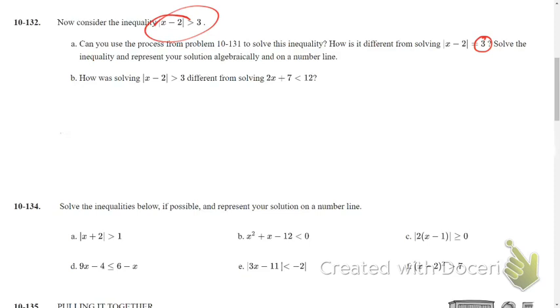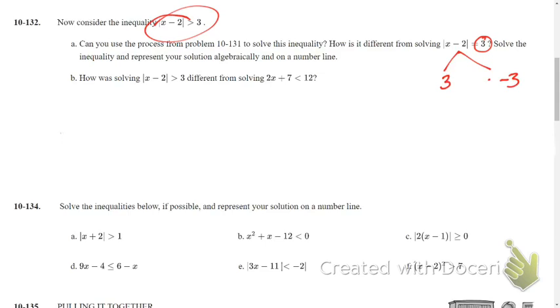All right, so to solve this problem, you got to go back and think about how we solved this problem in the past. We're asking ourselves what are the solutions for x that will make this true, where you'll give me an answer that is 3 spaces away from 0. Well, what is 3 spaces away from 0? It's a positive 3 and it's a negative 3.